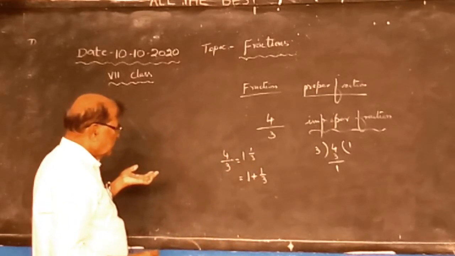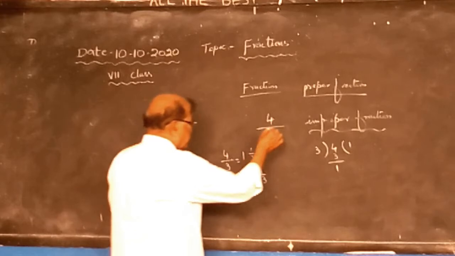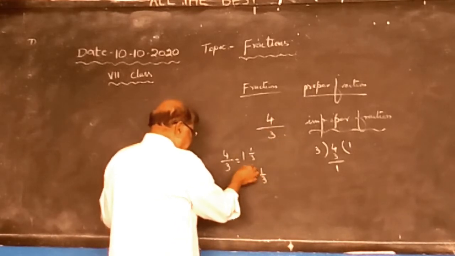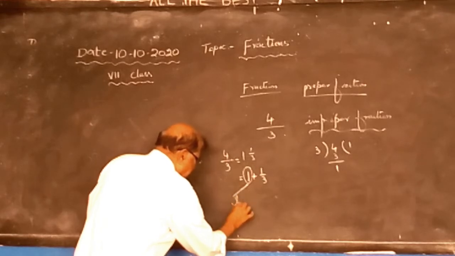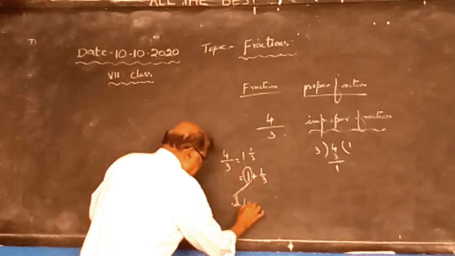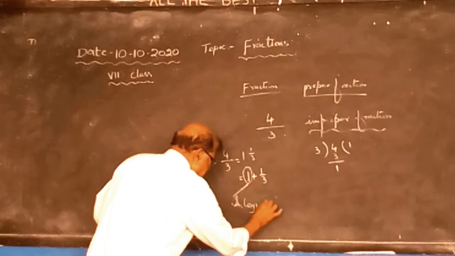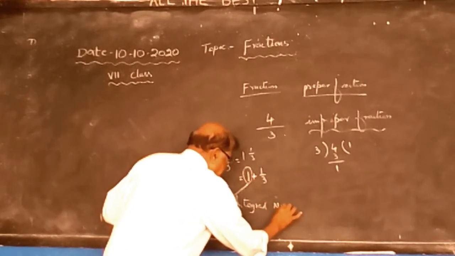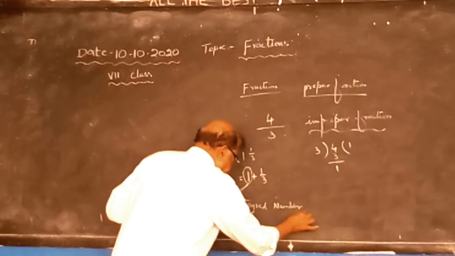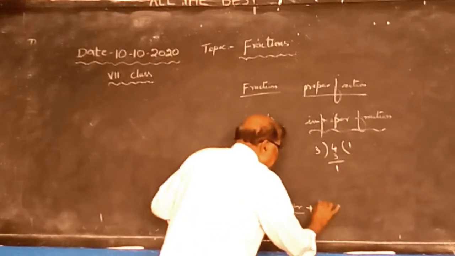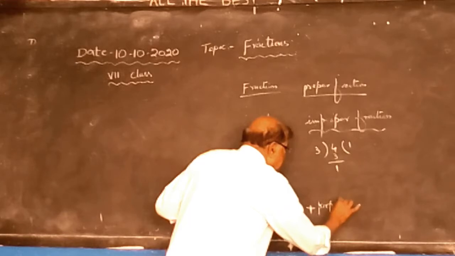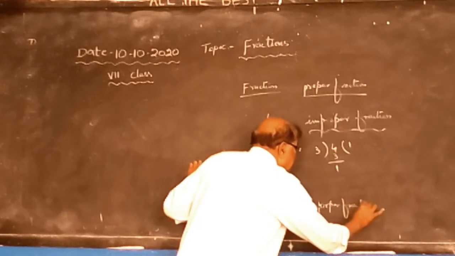So an improper fraction gives you an integral number, that means a complete number, plus a proper fraction.